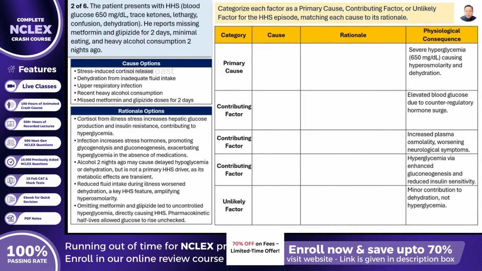And your task is to categorize each factor as a primary cause, contributing factor, or unlikely factor for the HHS episode. And you've got to make sure that you're matching each cause to the rationale.